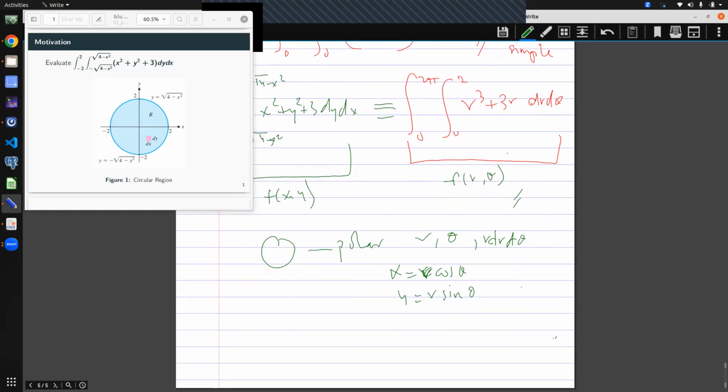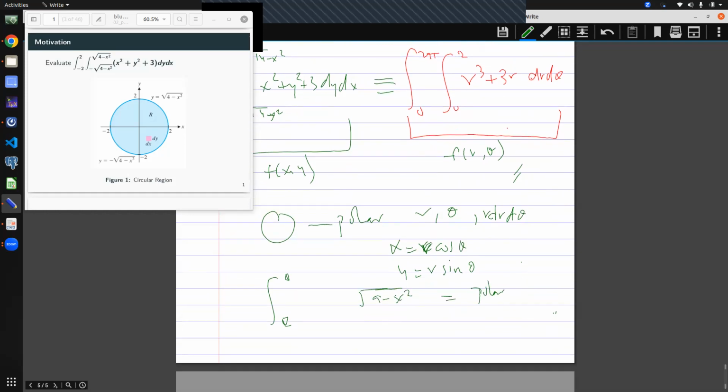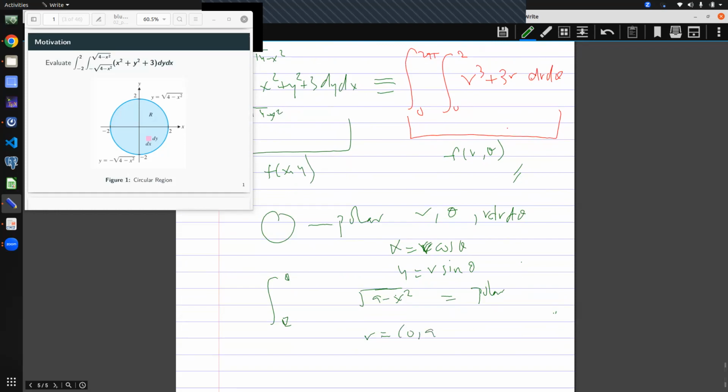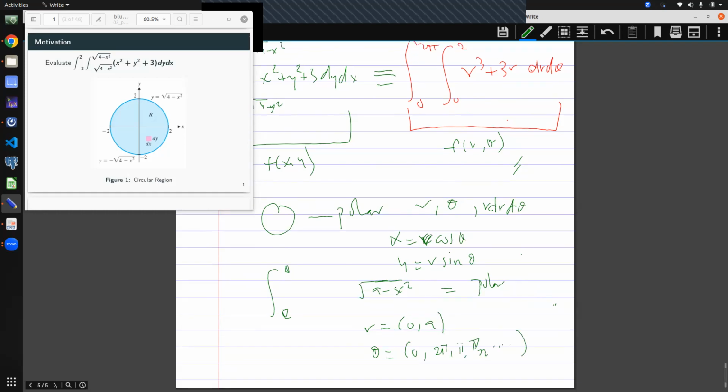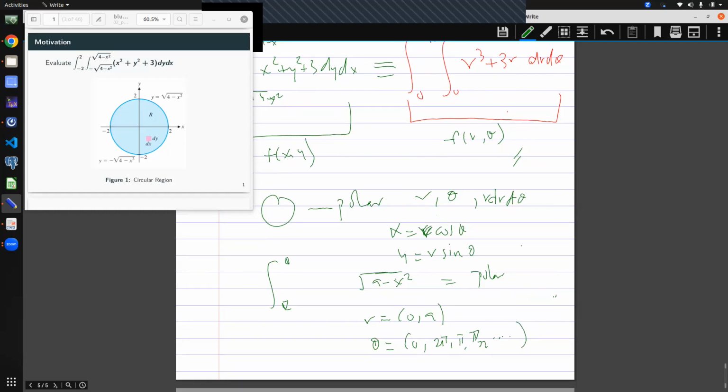Again, if you have the limit of integration having some square root of a minus any of the variables, you should know you are in polar, where the radius becomes 0 to that a, then theta becomes 0 to whatever you have, whether it's 2 pi, pi on 2, and any other region or degrees you can have.